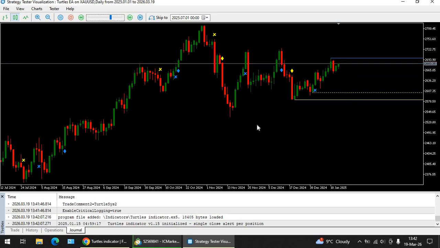Let's see when the EA will open the first trade. The stop loss will be a multiplier of 3 of the ATR value.